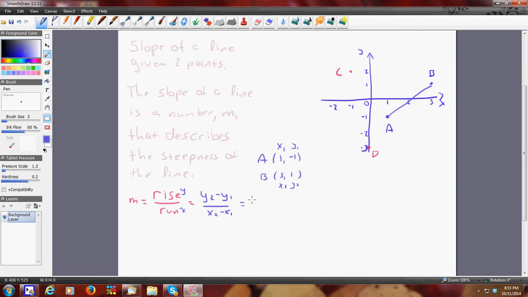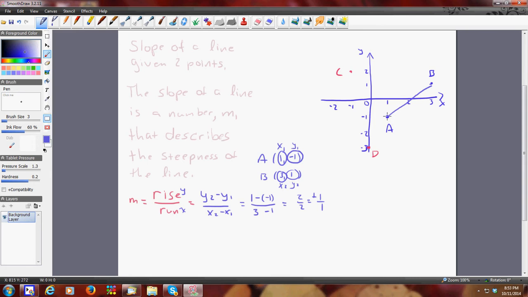So I'll say 1 minus a negative 1 over 3 minus 1. Well, 1 minus negative 1 gives me 2 over 2, which equals 1 over 1. You could say it's 1, and that would accurately describe it, but I'm just going to say it's positive 1 over 1.